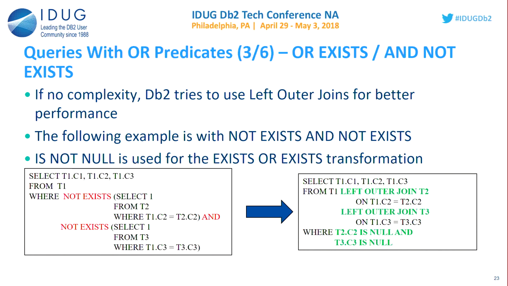So just looking at whether that value is null or not, we can tell whether it matches or not. So that's essentially not exists and exists. So we can rewrite it into an outer join and test for the join predicate values as being null. If it is null, it doesn't exist. If it is not null, it exists. Okay.